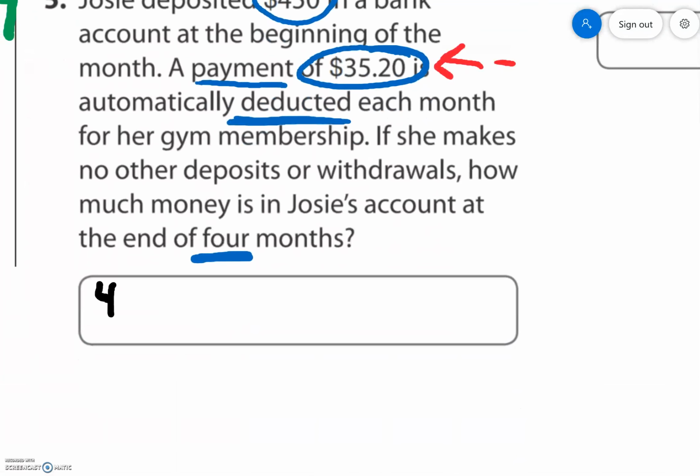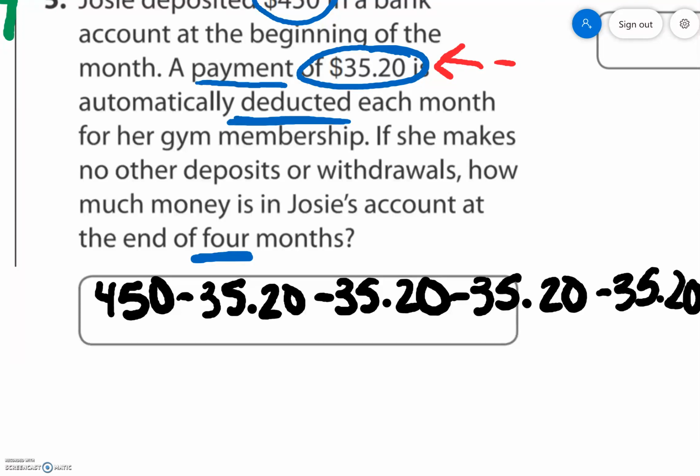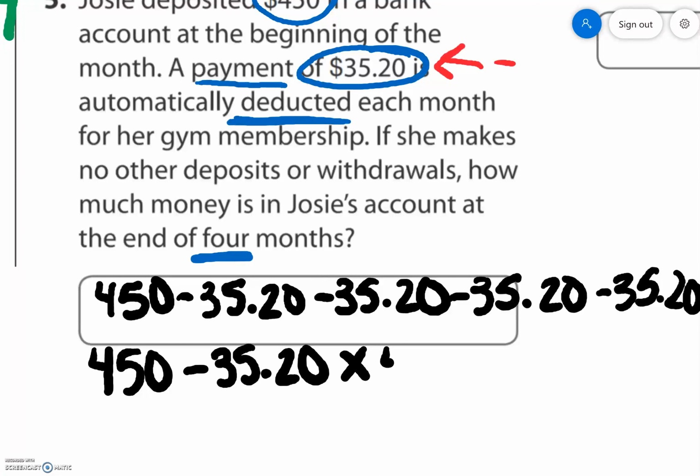We can do 450 minus 35.20 minus 35.20 4 times, which is a lot of work. Instead, we could just do 450, what she starts with, and then subtract 35.20 times 4.